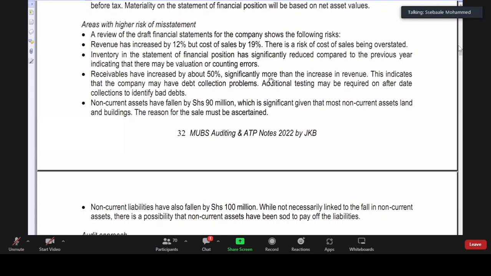Some companies say we fully provide for bad debts that are as old as 365 days. Others will be like 180, others will be like 90. So there's a risk that you have debt collection problems. I don't know whether I've answered your question, Bonita.